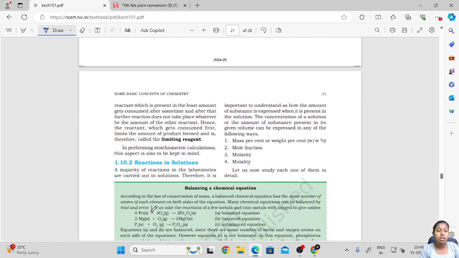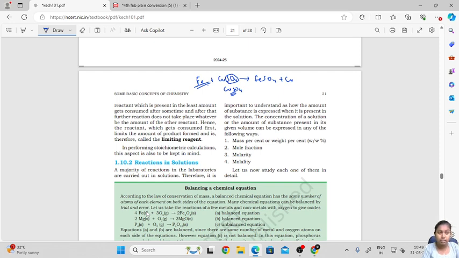So what happens if there are two reactants? Now if I have Fe plus CuSO4, this will make FeSO4 plus Cu. Whatever amount of Fe is present, if this Fe is completely taken up by the CuSO4, the remaining CuSO4 will remain there only, it won't change.